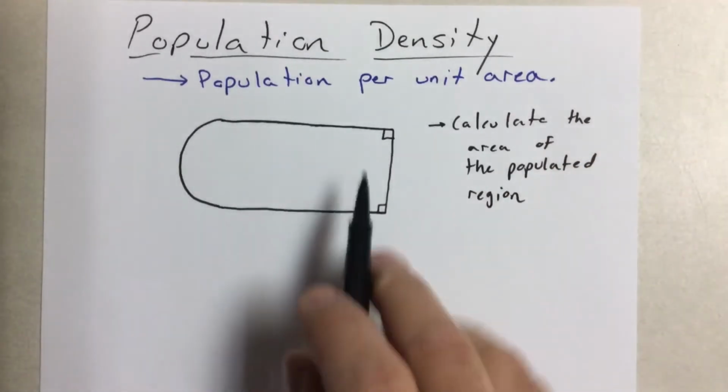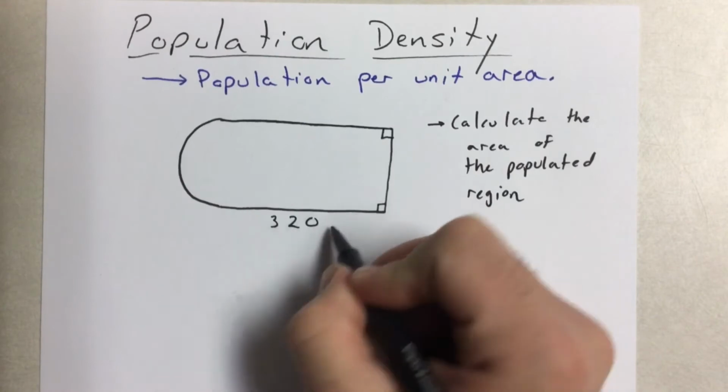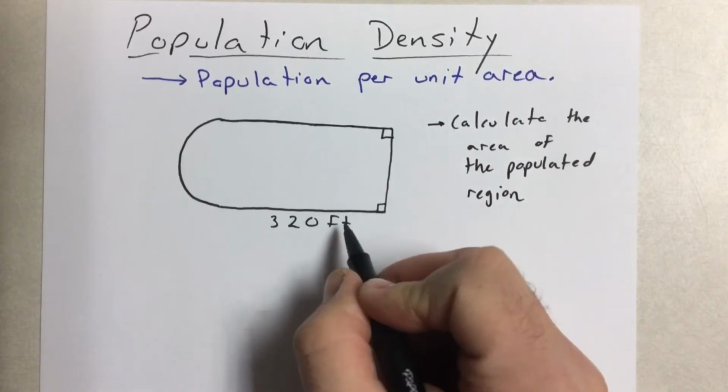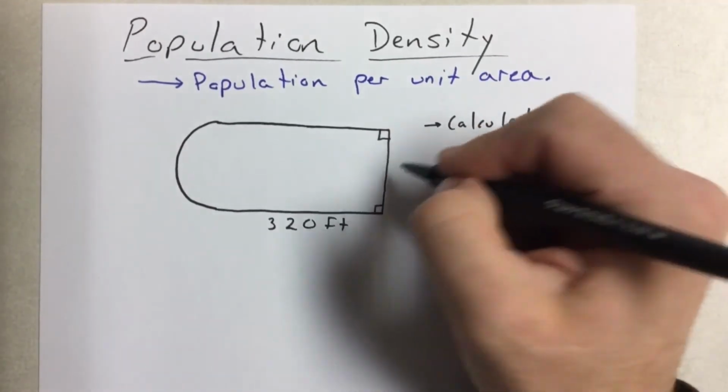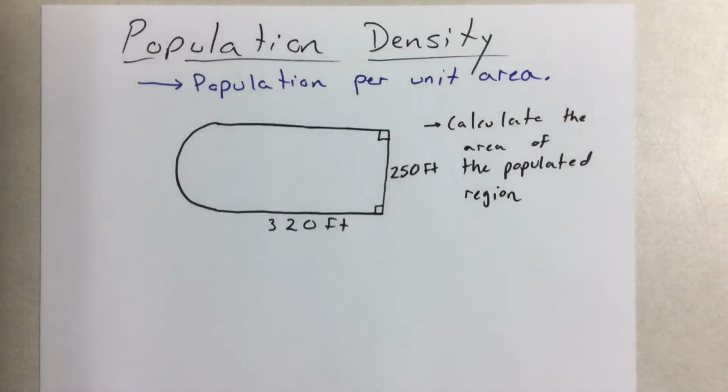All right, so let's say that our region here is 320 feet along this base, and then 250 along this side. So we need to find the area.